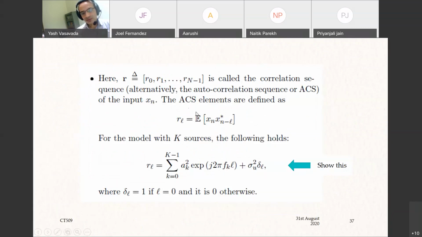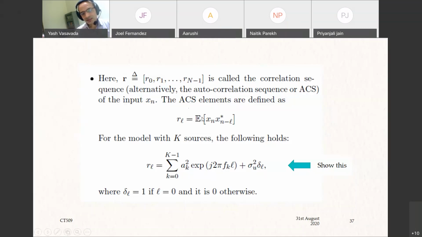When you are computing the autocorrelation sequence using the incoming signal, you will have to replace this expectation by what? In practice, I have samples of the signal that are coming in to my receiver, maybe an FPGA or any processing unit, or if I'm doing this in MATLAB, I will have some samples of this random signal.